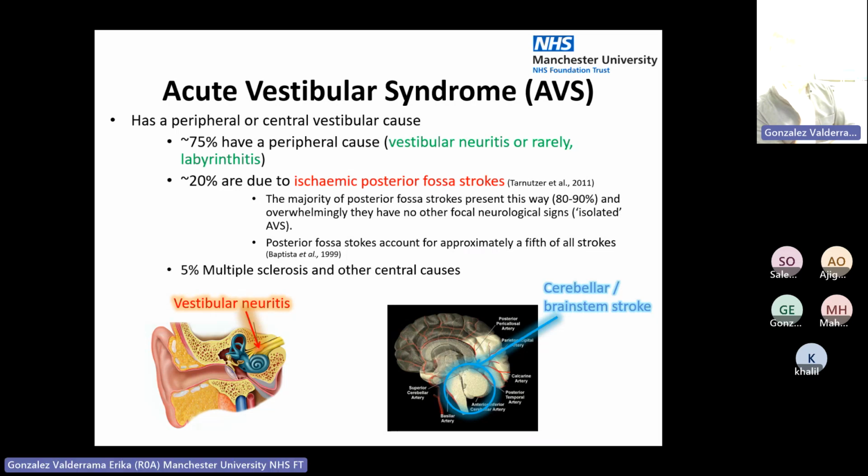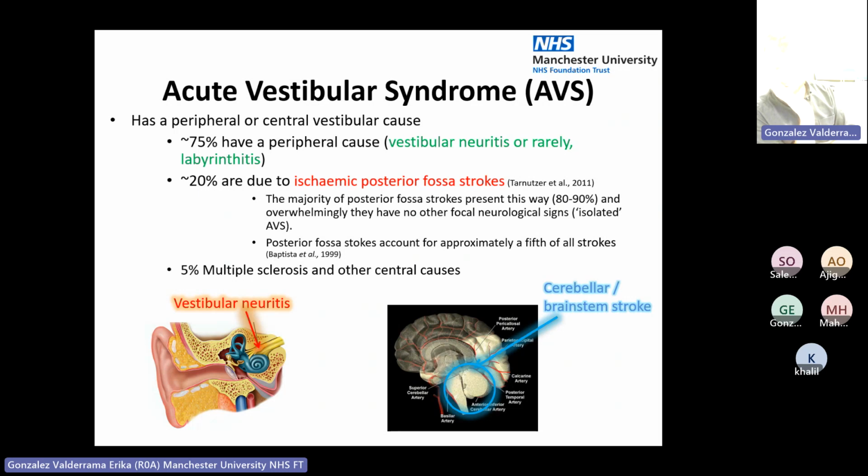And then you've got about 20%, according to the literature, of acute vestibular syndrome that are caused by a stroke in the posterior fossa, either a TIA or a more serious CVA. And they often have no other focal neurological signs, which makes them tricky to deal with.